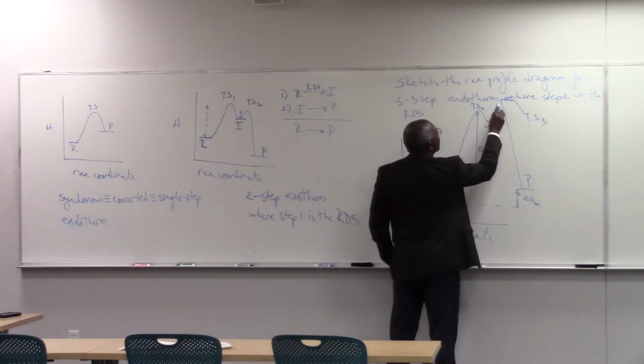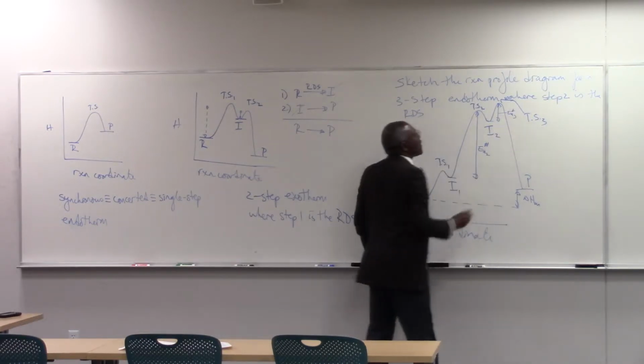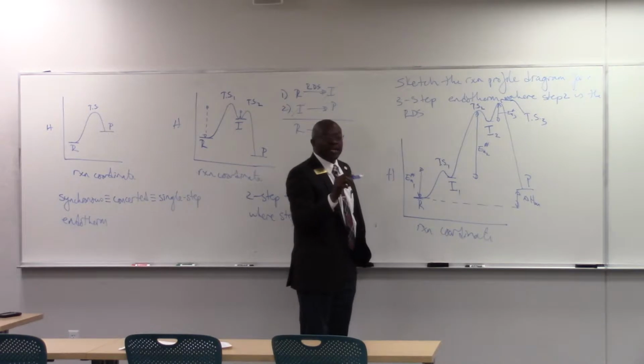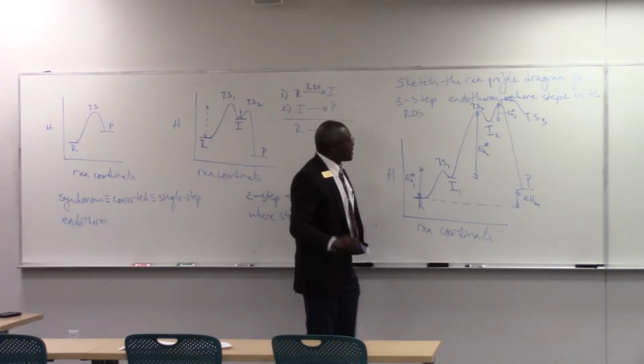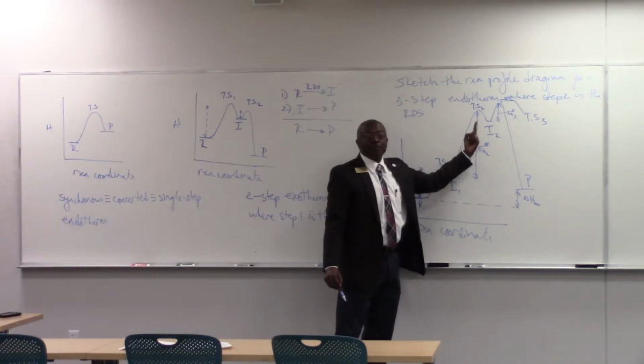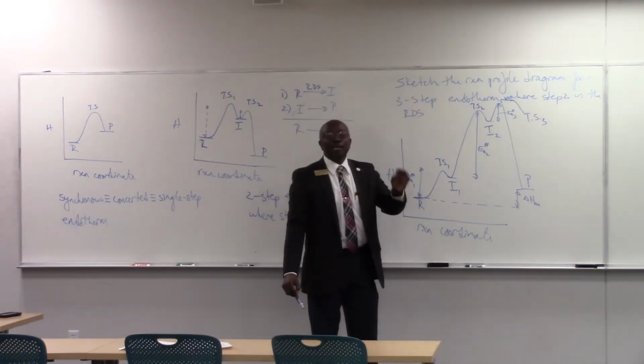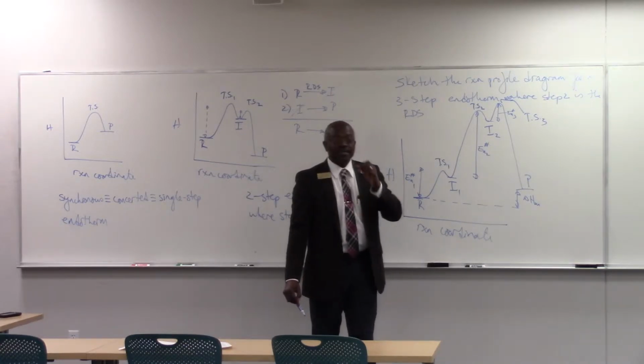The barrier for step 3 is this. It's called an EA3. So of the 3 steps, step 2 has the largest activation energy barrier. It is therefore the slowest step in the reaction. It is therefore the rate determining step.